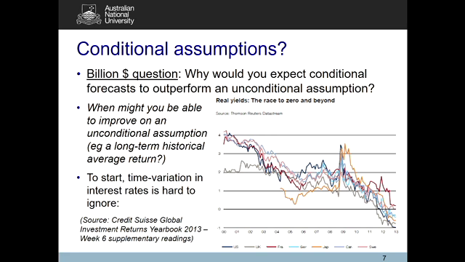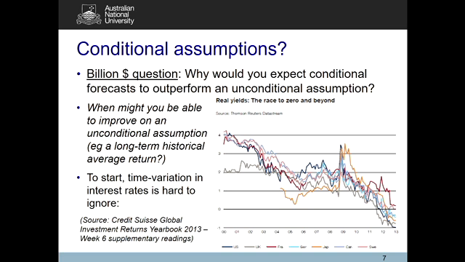Or is there information we can condition on that will improve the accuracy of our parameters: expected return, variance, covariance? So at the end of the day, it's going to depend on the asset class, and the question you need to ask yourself is why would you expect a conditional forecast to be better than an unconditional assumption? Now, your classic unconditional assumption is just to take the average of what's happened in the past and use that as an expectation for the next period's return.